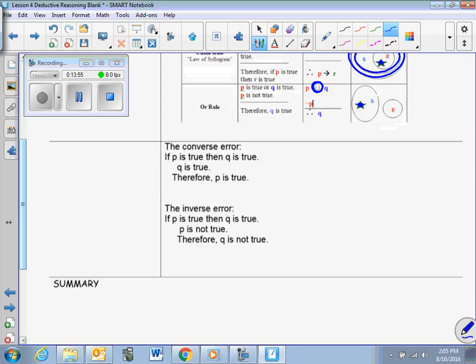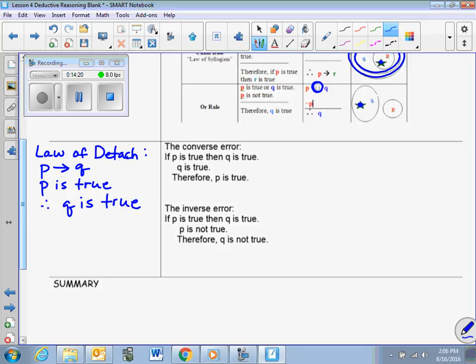Okay, so what you need to remember is if P is true, then Q is true. Remember, here is our law of detachment. It says if P, then Q. P is true, therefore Q is true.